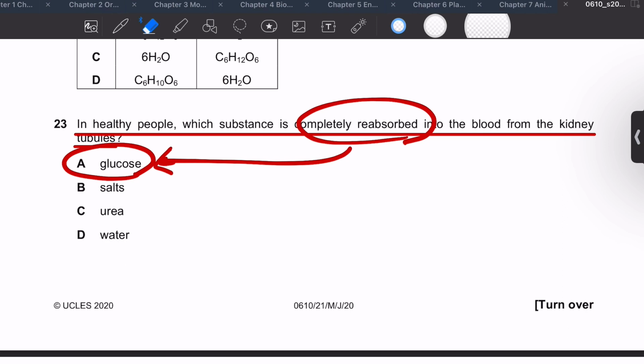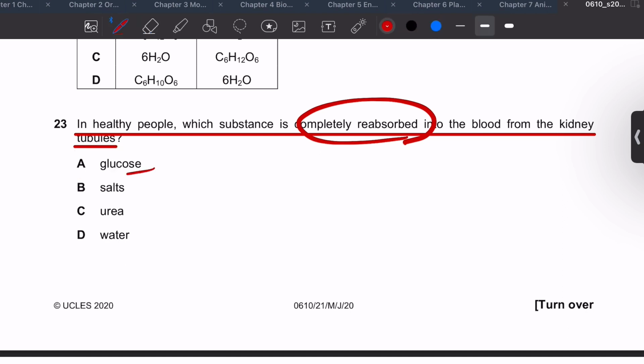But normally, we completely reabsorb all of the glucose molecules that are inside our body. Okay, so the answer is A.